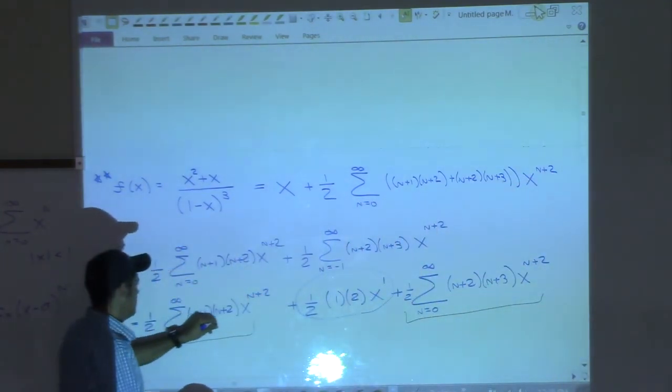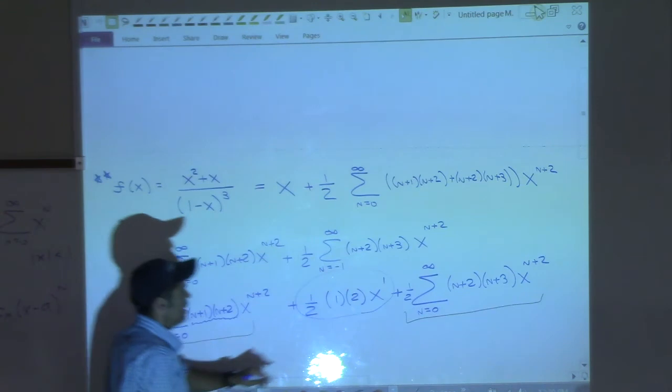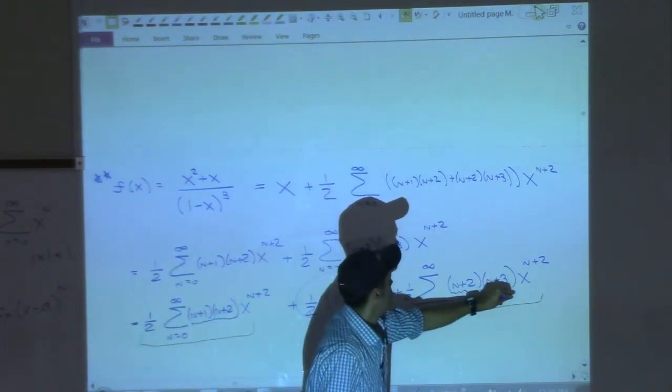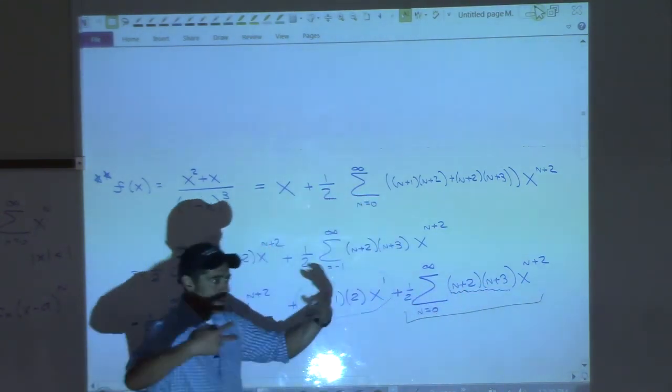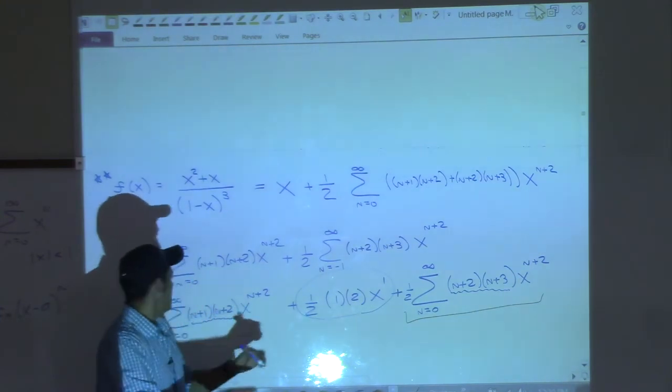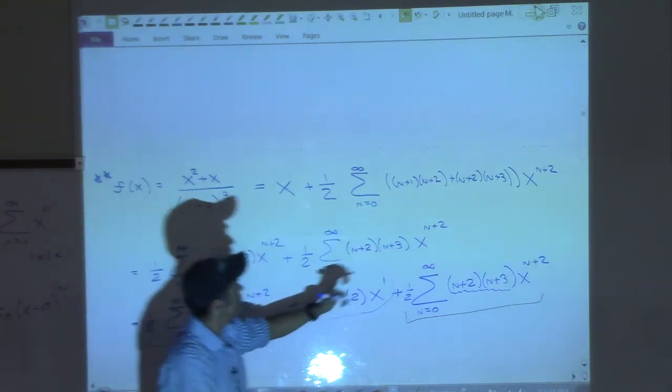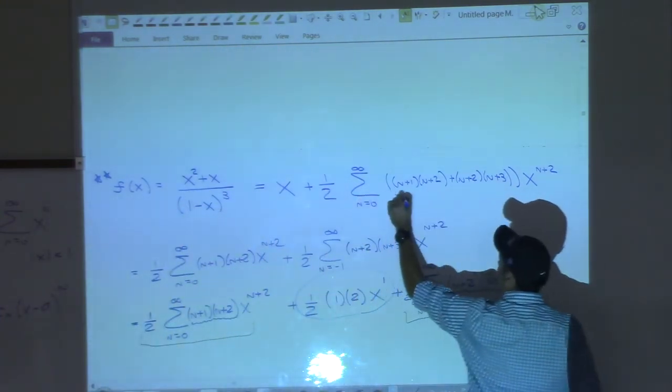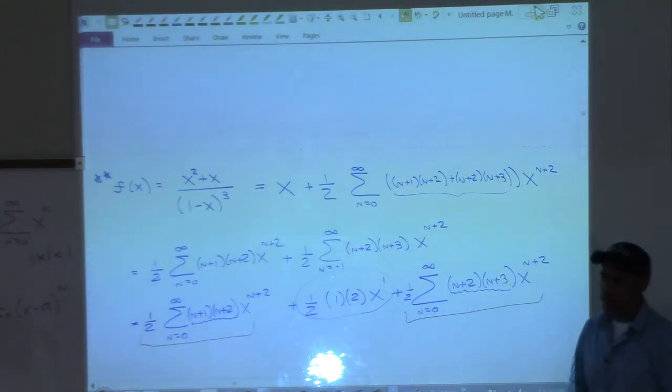Basically this part here, and then this part here put together with addition, because I'm putting them together, and then I'm pulling the x to the n plus 2 out of both of them. And then this, I guess we could clean that up, but I'll just leave it. That's a c sub n, isn't it?